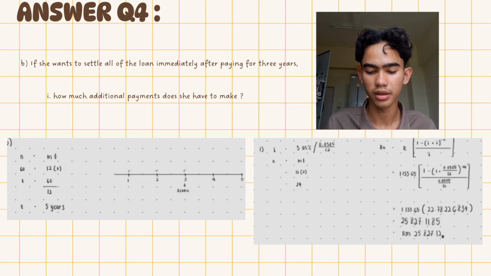Calculate inside the bracket first, and then we will get 1133.65 multiplied by 22.78226839. Calculate it, and then the answer will be 25,827 ringgit and 12 cents.